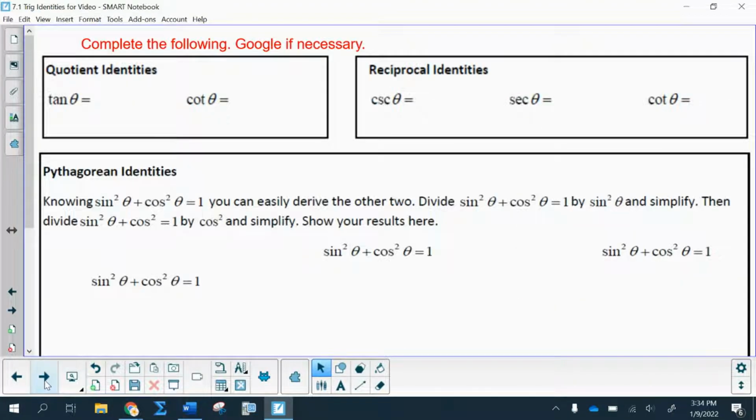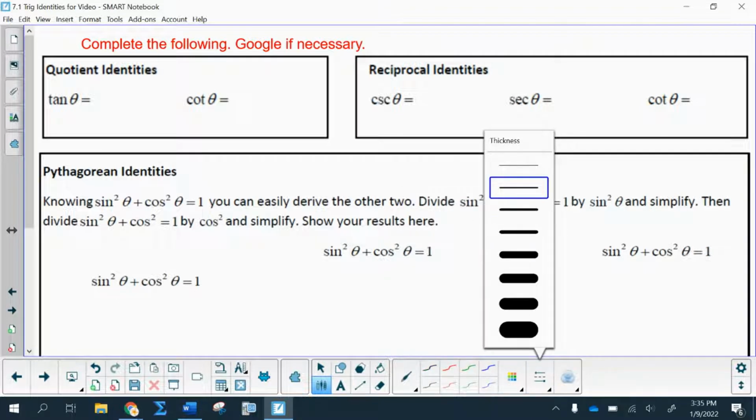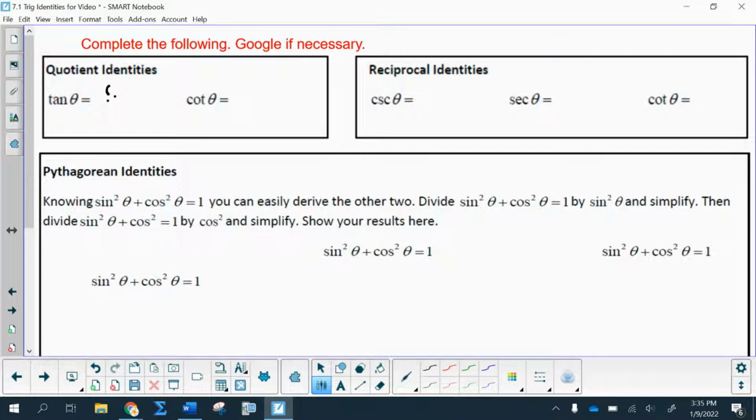So first of all, you should know these identities because we use them all the time. So when we say quotient identities, there's a couple of different ways you can think of it. A quotient identity, as in tangent, would be sine over cosine, just like cotangent is cosine over sine.